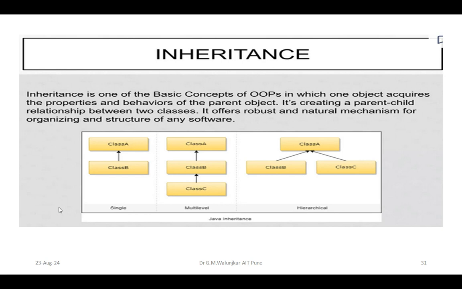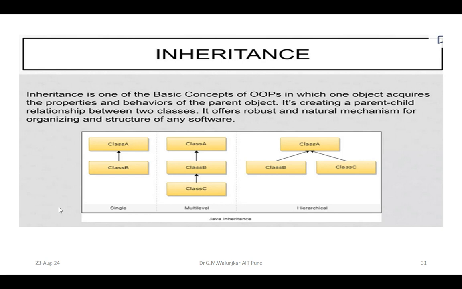It offers a robust and natural mechanism for organizing and structuring the software. In inheritance, new data types like classes can be defined as extensions to previously defined types. The parent class is also termed a superclass or base class. The child class is also called a subclass. So the subclass inherits properties from the parent class.